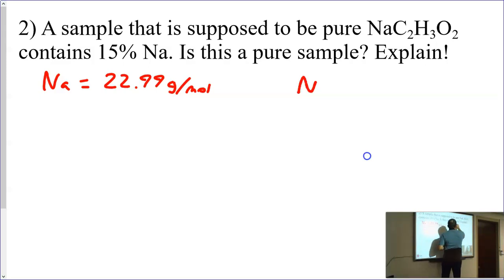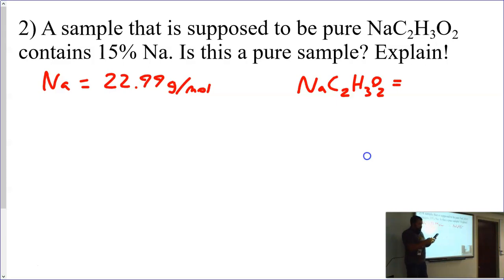And if I have the total mass of the sodium acetate, okay, what is that molar mass? So I have 22.99 from my sodium. I have 2 carbons, which is going to be 2 times 12.01. Okay, I changed my mind. I'm going to show it all. 2 multiplied by 12.01.